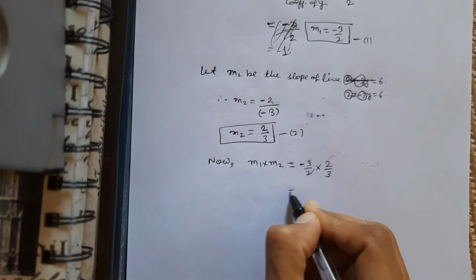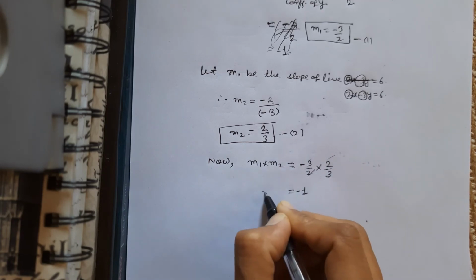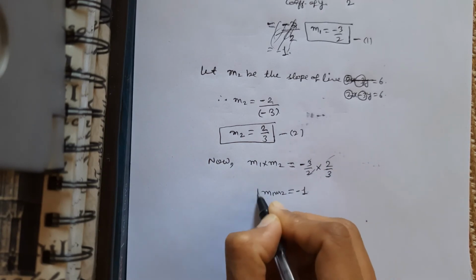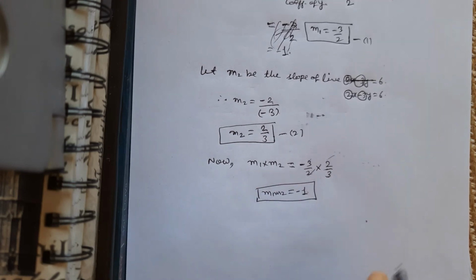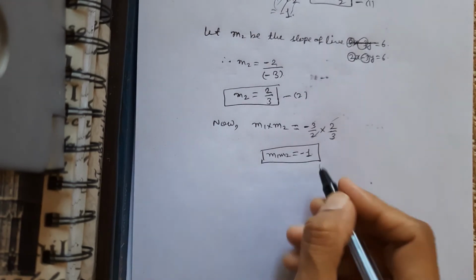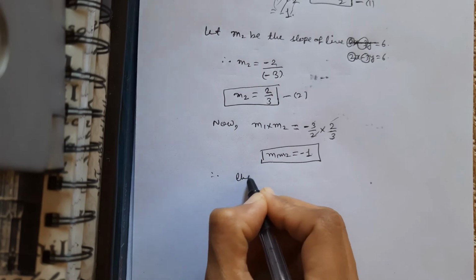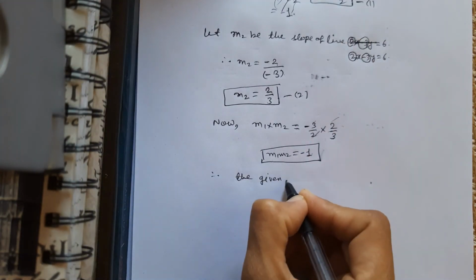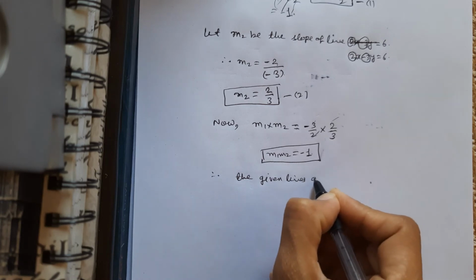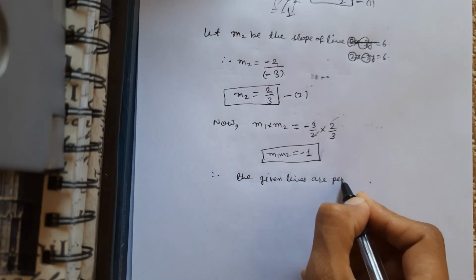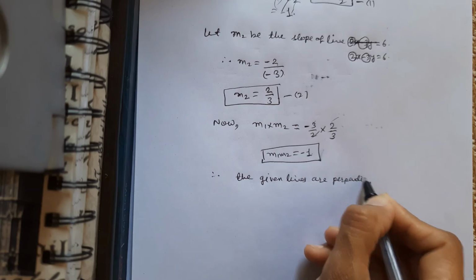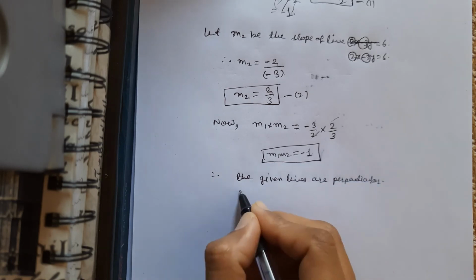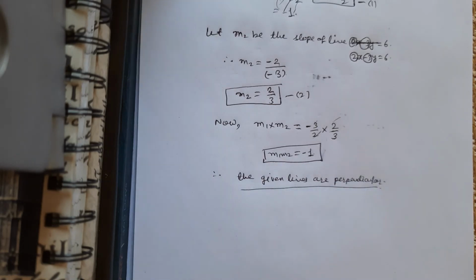So this gets cancelled, and it is -1. So m1 times m2 equals -1, which is the condition for perpendicular lines. Therefore the given lines are perpendicular. Alright, so I hope you understand it.